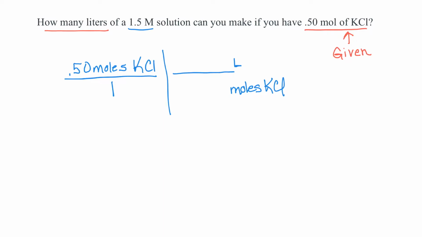So they're saying that they want 1.5 moles of KCl per liter. So per 1 liter, right? That's our equality. So we know we have 1 liter and 1.5 moles of KCl.